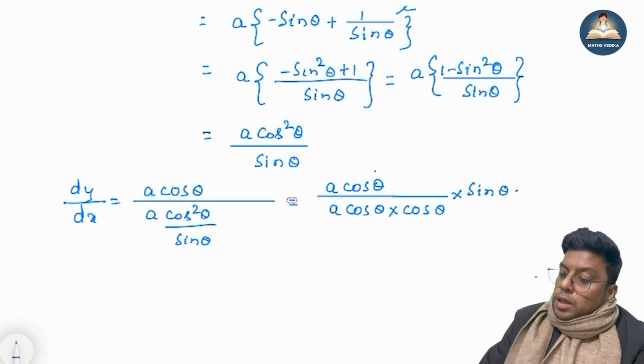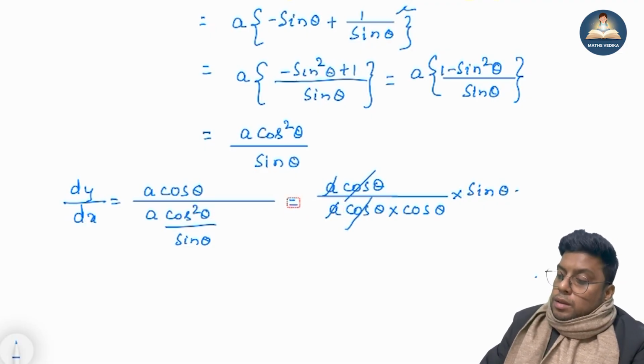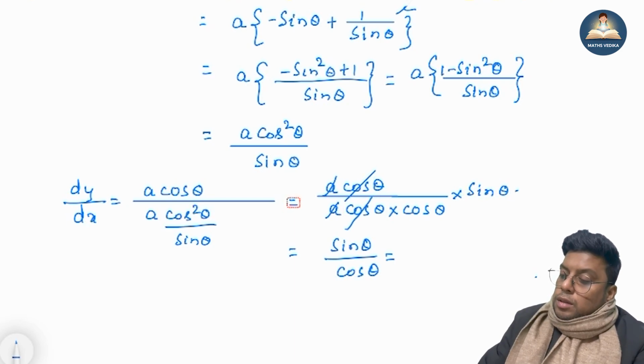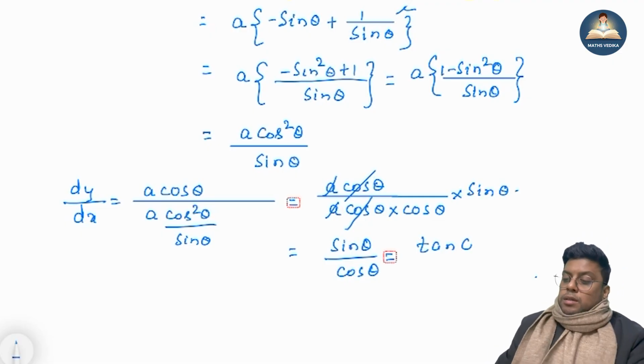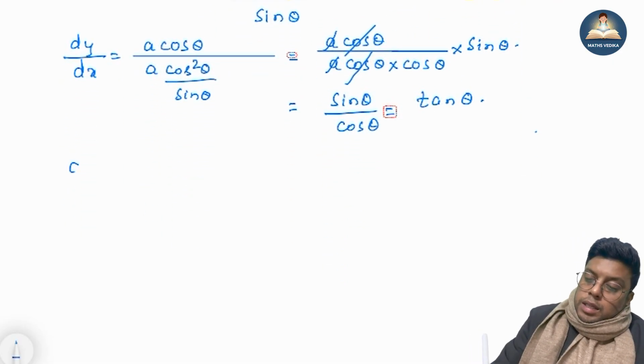So cos theta cancelled out, a cancelled out, so we have sin theta by cos theta, which is equal to tan theta. Here dy by dx is equal to tan theta.